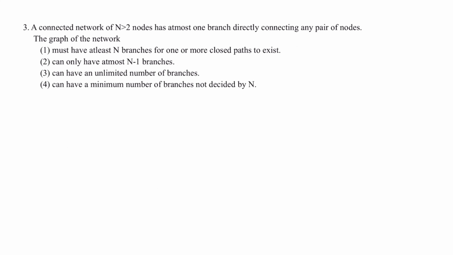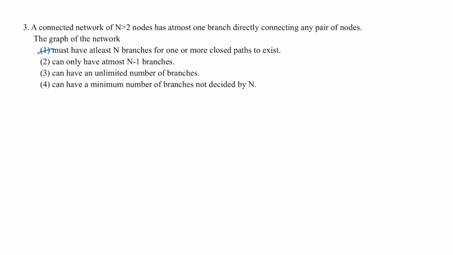Next question. A connected graph of n nodes, n greater than 2, has at most one branch directly connecting any pair of nodes. The graph of the network must have at least n branches for one or more closed paths to exist. So the correct option is 1. A graph is said to be connected if there exists at least one path between any two vertices or nodes of the network.